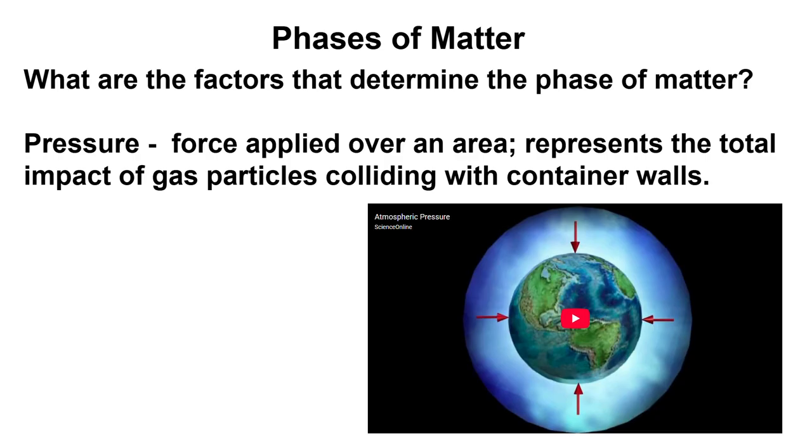At standard atmospheric pressure, every square inch of you is being pushed upon inwards by 14.7 psi, or pounds per square inch.